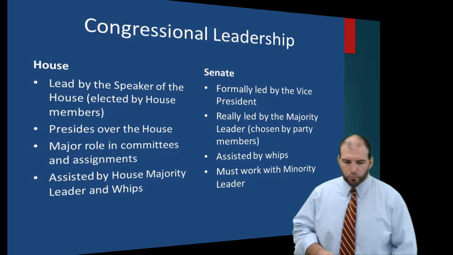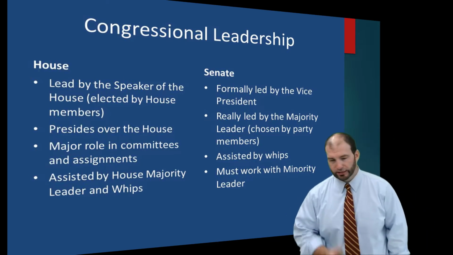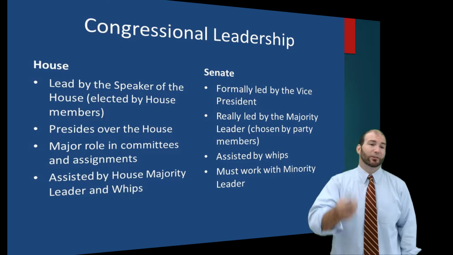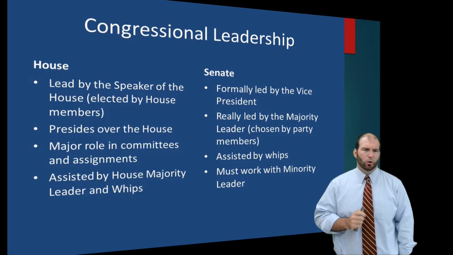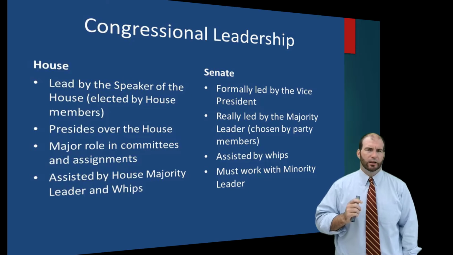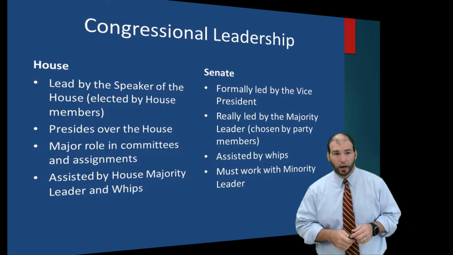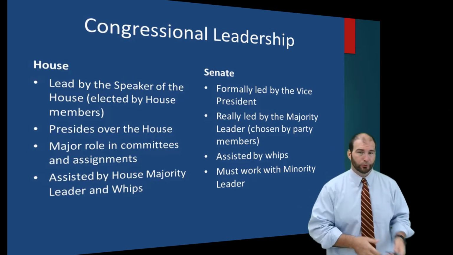In a two-house legislature, the Senate and the House of Representatives both have leaders. The leader of the House of Representatives is called the Speaker of the House, elected by the House members.